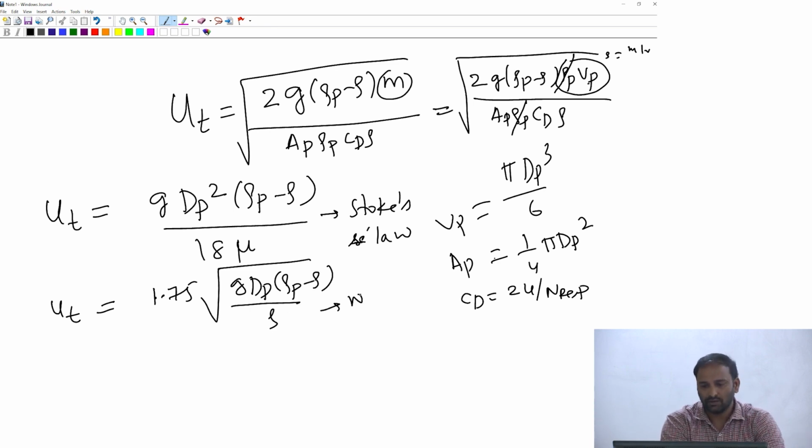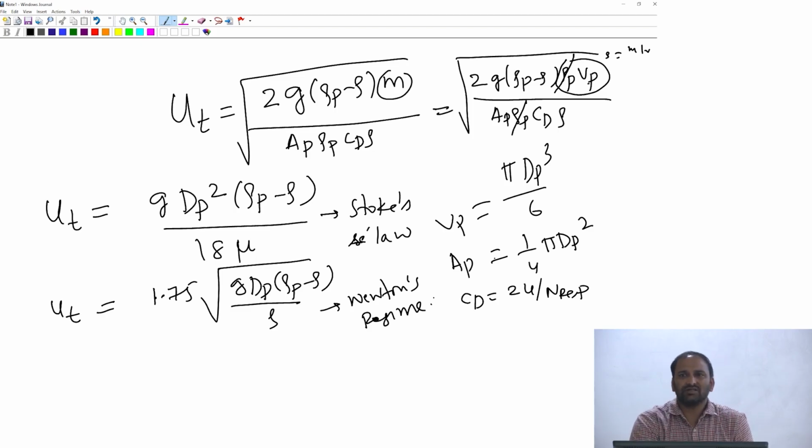That's for Newton's regime, which is basically a simple substitution, right? So you should be able to get this, right? Can you just work it out and let me know if you have issues with these things?